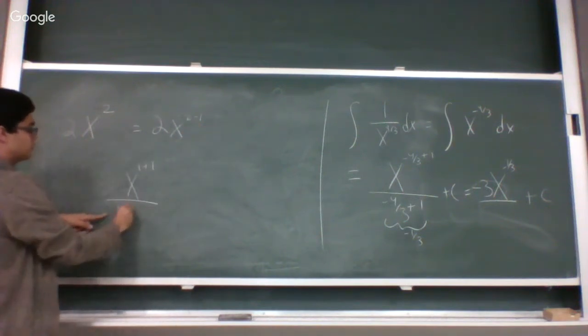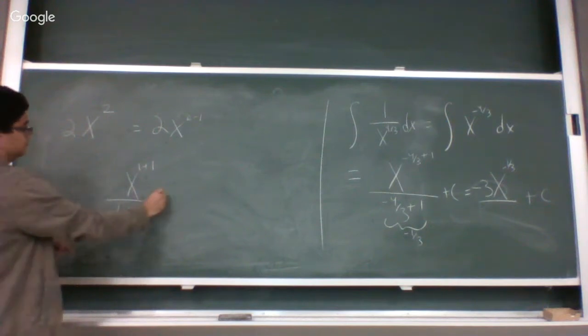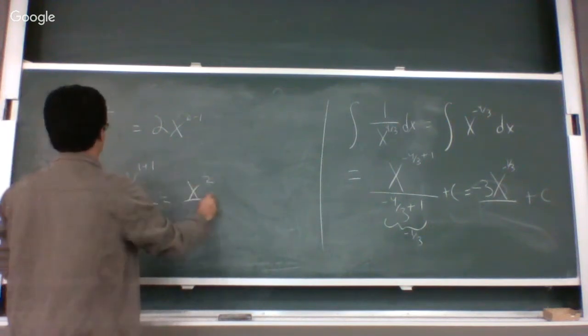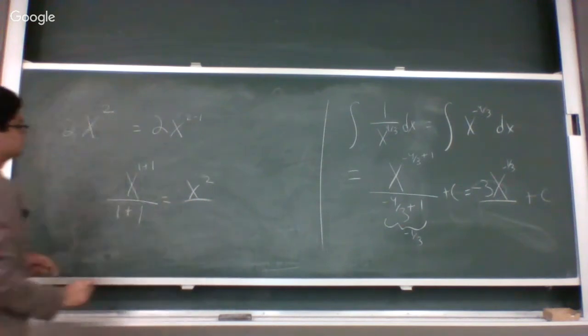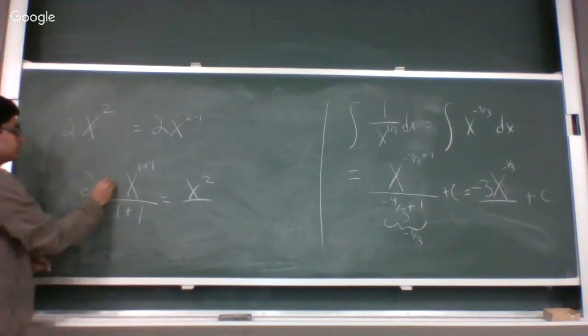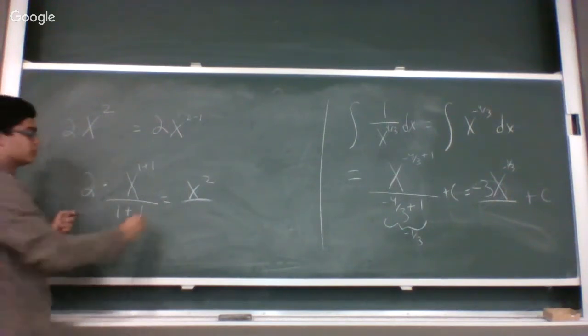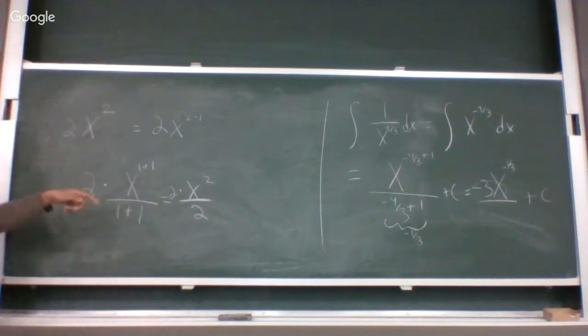Then we're doing 1 plus 1 to get back the 2. So this would be x squared over. No, x to the third. This is being multiplied by a 2, remember that, right? So then the 2 times all over 2 again, so the 2's cancel out.